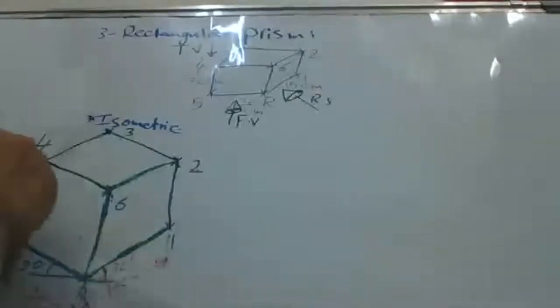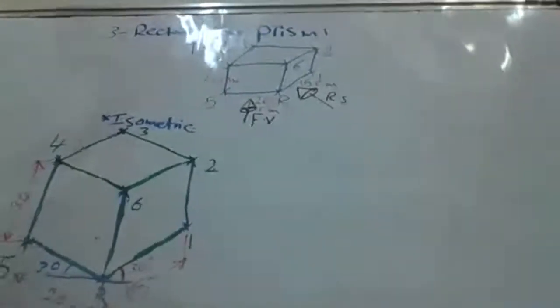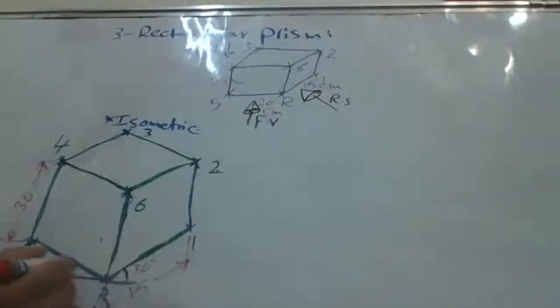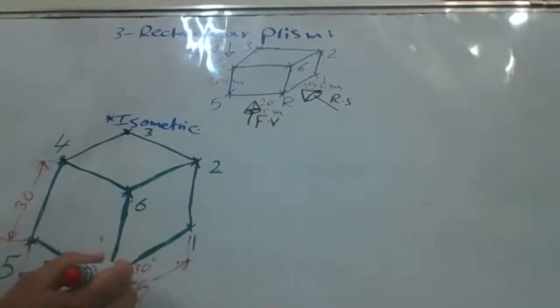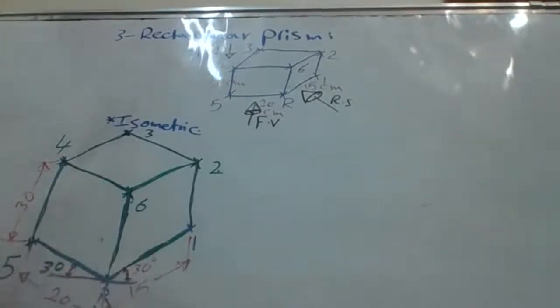The height here is as given, 30 centimeter. This is the first method. Also, we have to write the angle here as 30 degrees. This is the isometric method.